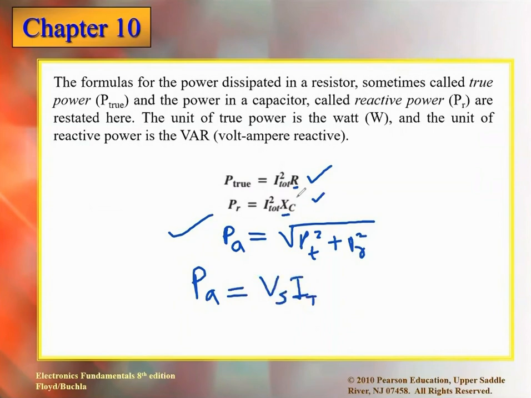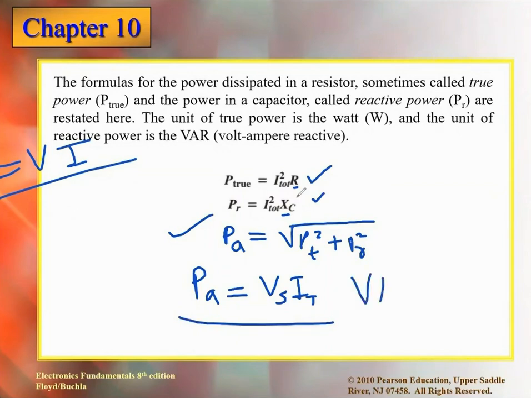Do you remember the formula P is equal to V into I? Yes. So it is the same because it's a total power, V into I. And what is the unit of this? The unit is volt ampere, because the unit of voltage is volts and current is ampere. True power is in watts, reactive power in VAR.